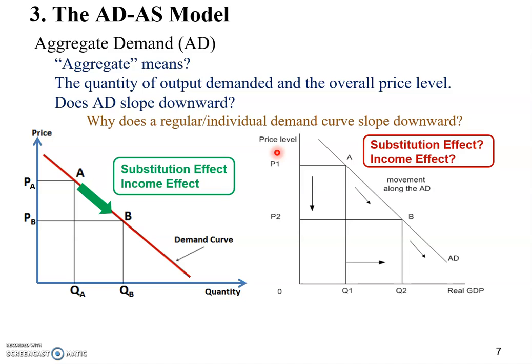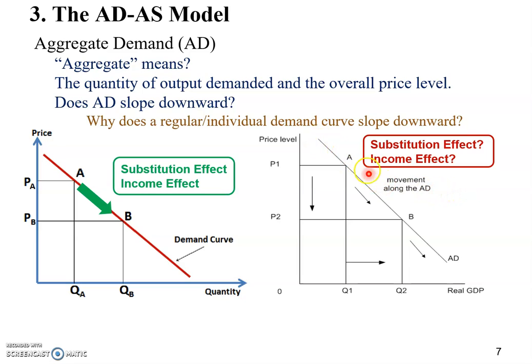In other words, your wage will go down proportionally as the average prices of all other goods and services you would purchase. So we won't have the substitution effect, and we won't have the income effect either.